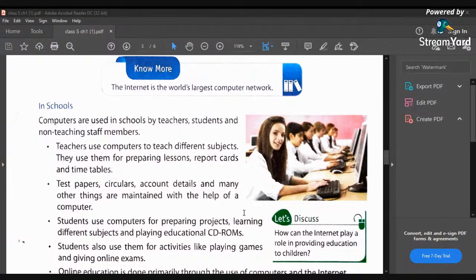The teacher uses the computer to teach different subjects. They use them for preparing lessons, report cards and timetables. Students, I hope everybody gets the timetable. This timetable, your report card, your syllabus, all of these things we can make with the help of computers.